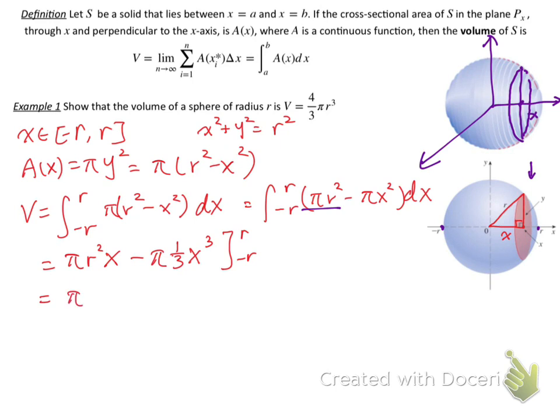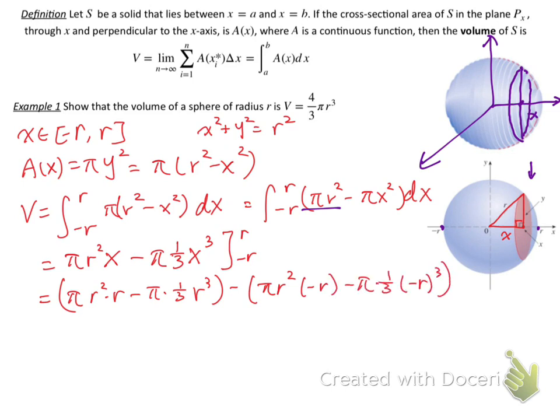Then I evaluate at r and negative r. Bringing in r, I have pi r squared times r minus pi times a third r to the third power, minus the negative r version: pi r squared times negative r minus pi times a third times negative r to the third power.